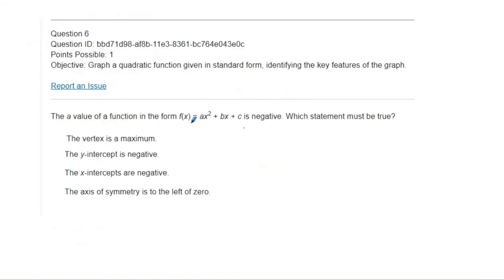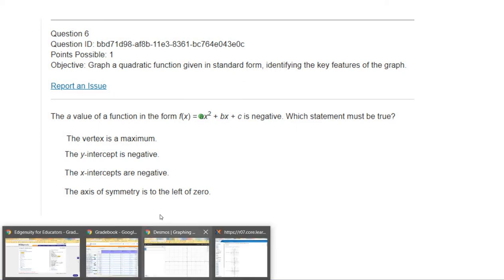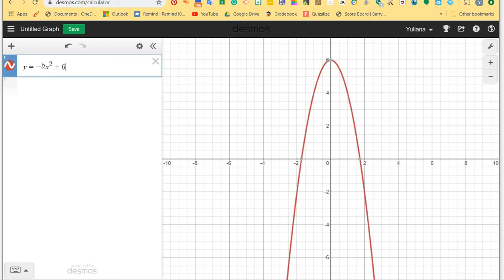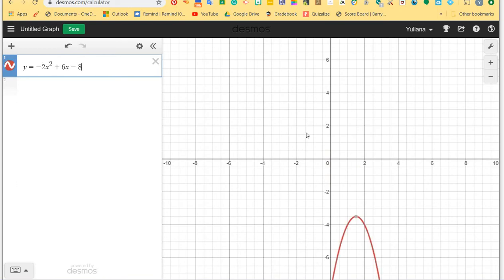Now, number 6, they're asking you if the a value in the function in this form is negative. On this one, I'm going to look at different graphs and see what happens. If I graph different graphs with different a values, say -2x squared plus 6x minus 8, notice that graph is going to be opening downward.